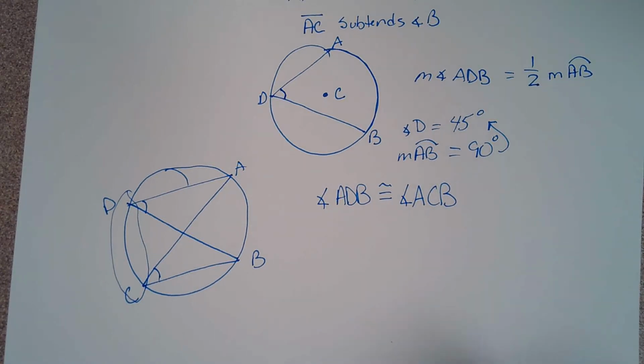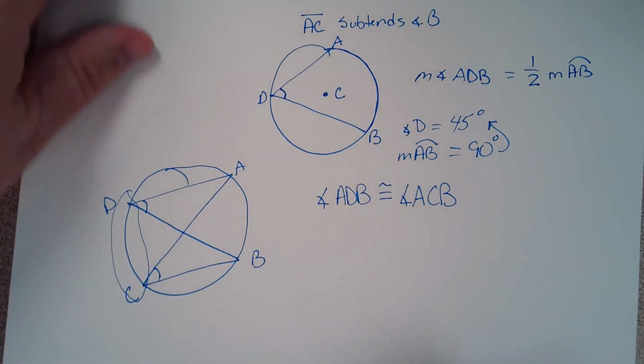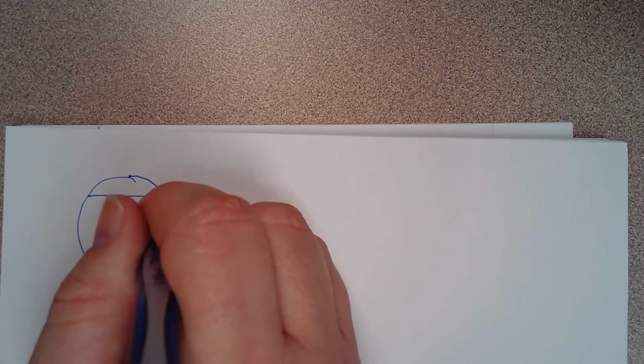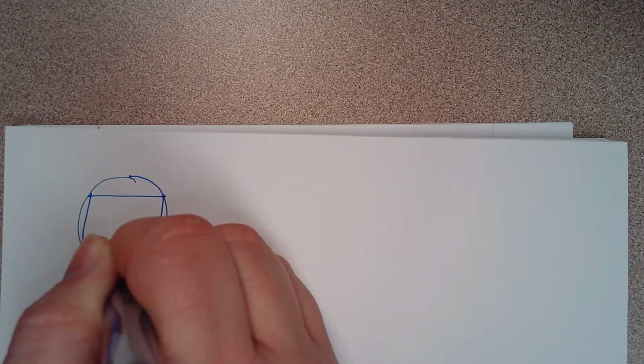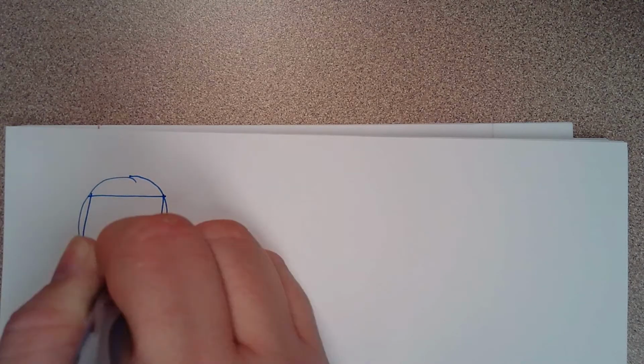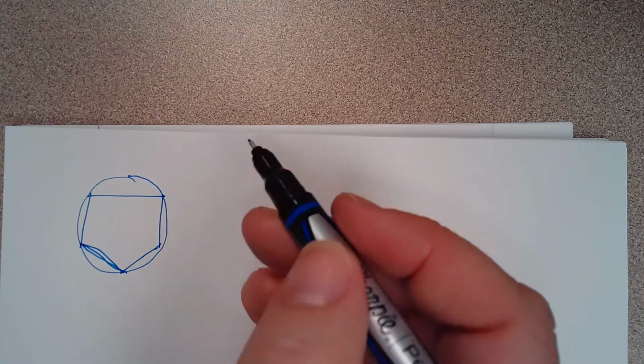So let me get a clean sheet of paper, and we're going to talk about inscribed polygons. Let's just do a pentagon, for example. So we have this here, and then here, and then here. Whoops, that's not very straight, but there we go.